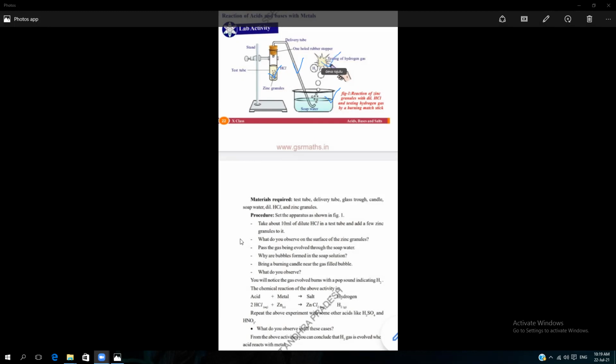We also need soap water, which we insert into the glass straw, and dilute HCl and zinc granules. In this test tube, we take zinc granules and dilute hydrochloric acid.